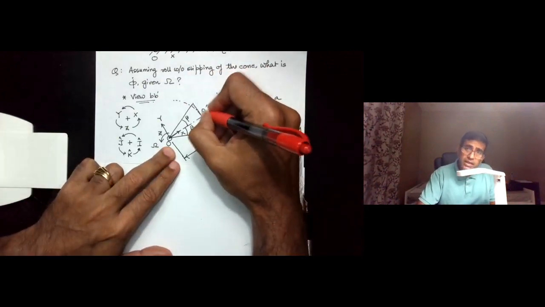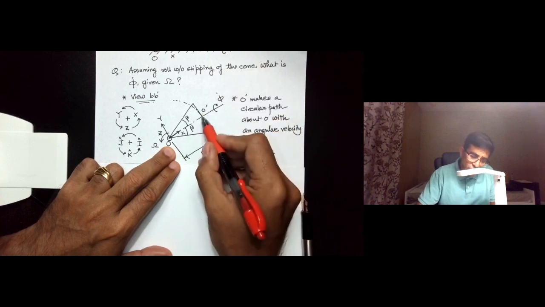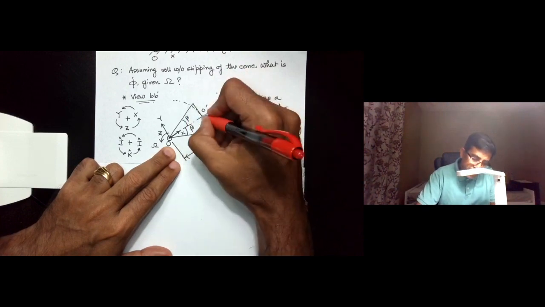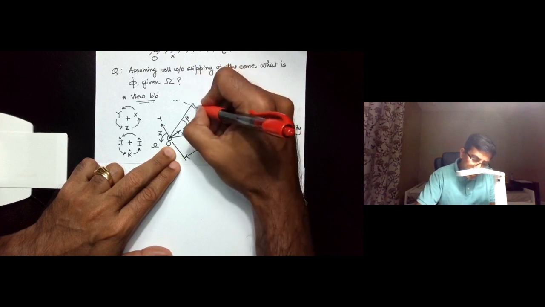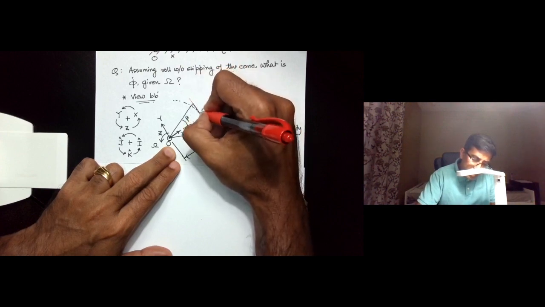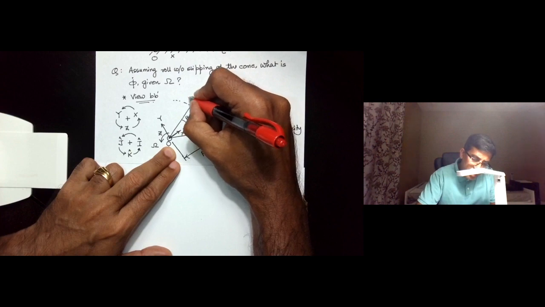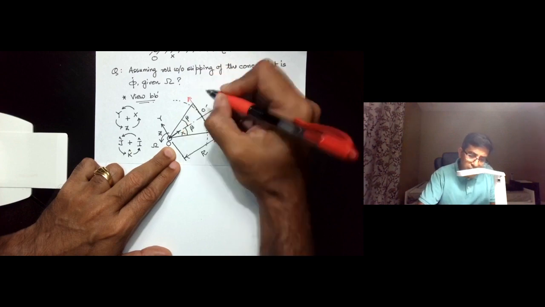So you can see in this diagram, since O prime is following a circle, the velocity of O prime is going to be directed this way.